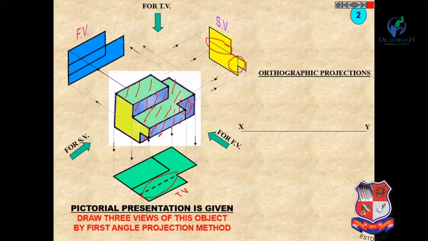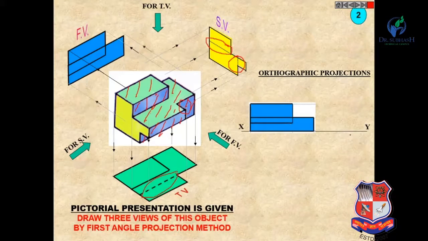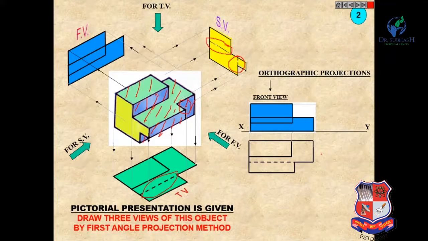Now in orthographic projections, first of all draw the XY line, and above the XY line draw its front view. Draw the projections from this front view and accordingly draw its top view. You can see this is the hidden line, so hidden parts should be represented by a dash line.